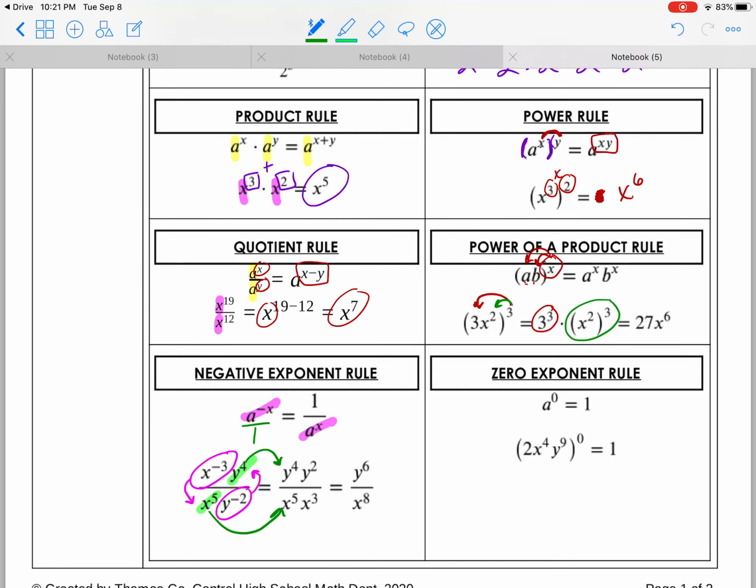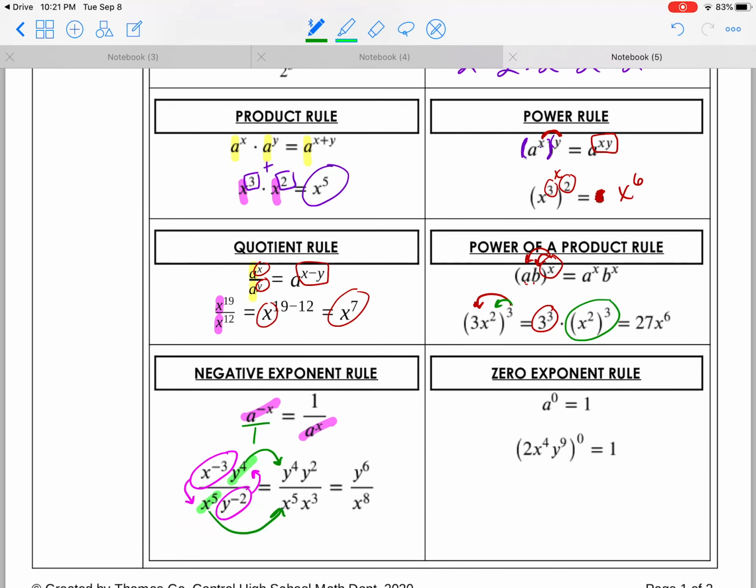So I've got y to the fourth that stayed. Y to the negative second, since it moved up, it became positive. That's the whole reason we moved it. And then on the bottom, we have x to the fifth and x to the negative third. Since we moved it down, it becomes positive. That's the whole reason to move them, is to get rid of the negative.